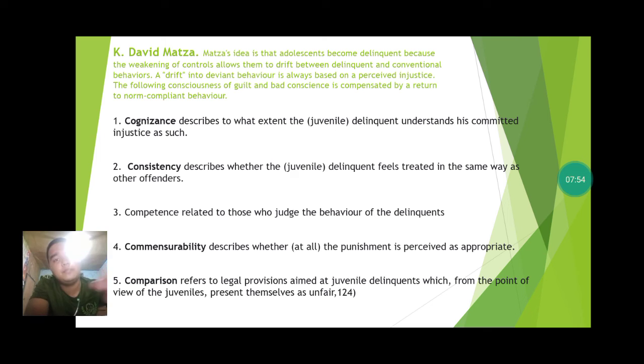So those are the categories of Kay David Matza. Competence relates to those who judge the behavior of delinquents. Number four is commensurability, which describes whether the punishment is perceived as appropriate at all, and compassion refers to legal provisions aimed at juvenile delinquents which, from the point of view of the juveniles, present themselves as unfair.